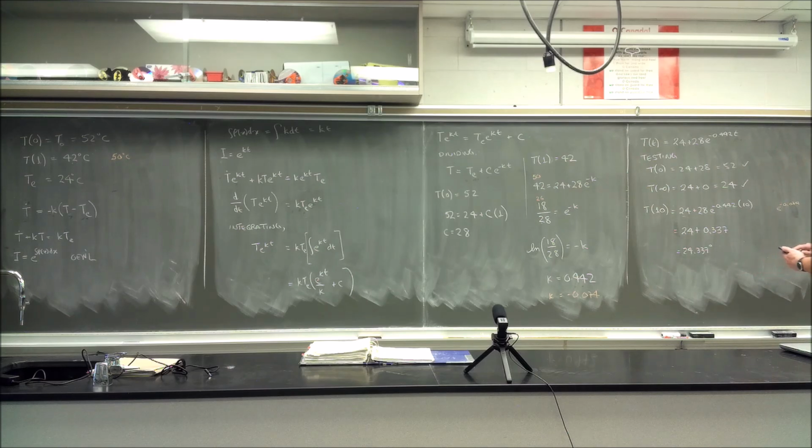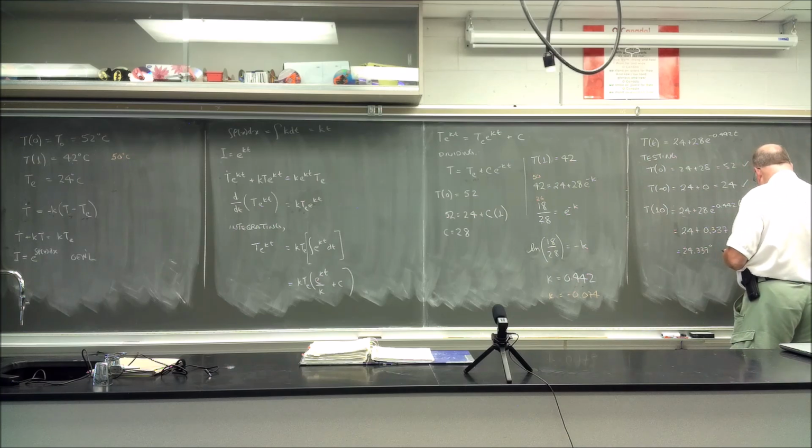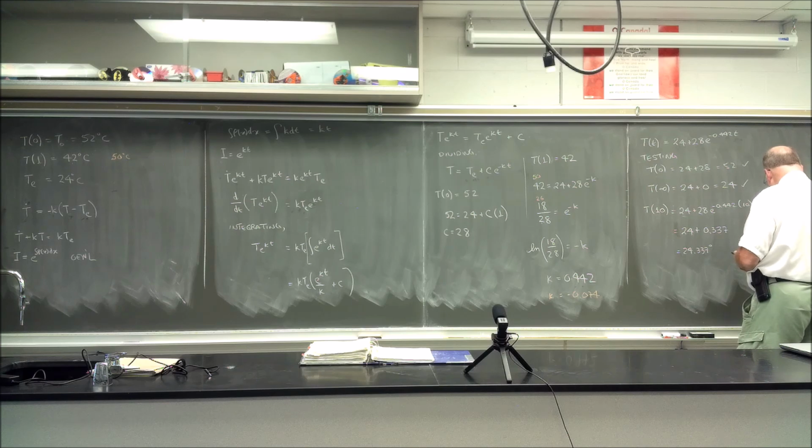Now we can look and see what would happen there. So now we have e to the x, and in this case multiplying by 10 would be e to the negative 0.74, which is 0.477 times 28, would be 13.35. So in this case it would be 24 plus 13.4, just for simple math, and this would give us something in the neighborhood of 37 degrees C.